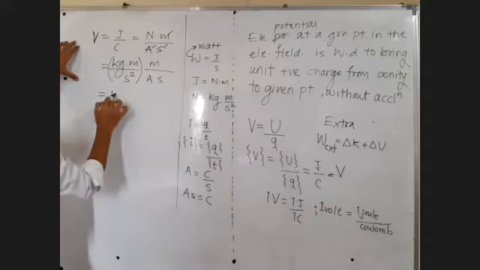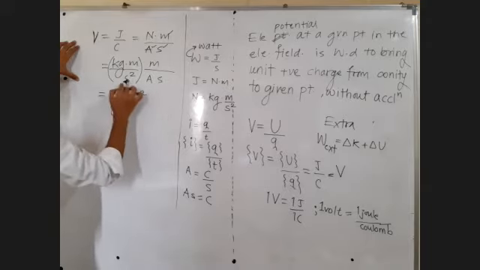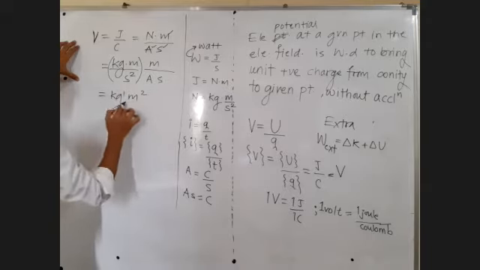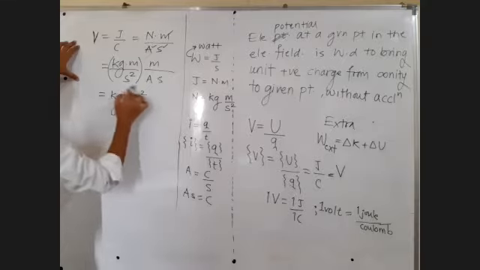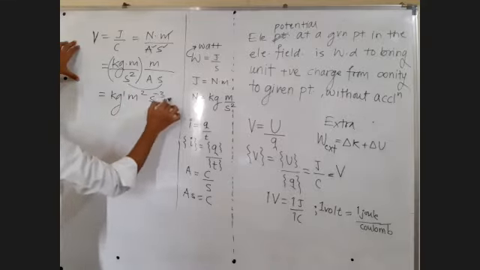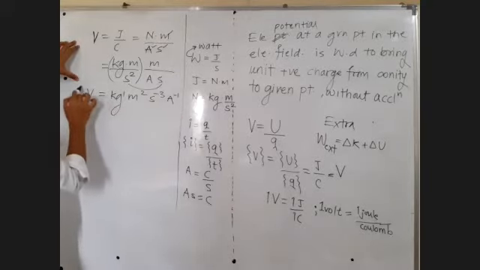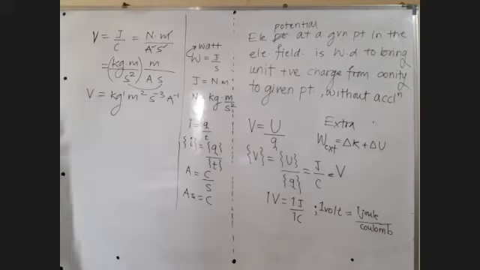Kg raised to 1, meter square, second cube in the denominator, so second raised to -3 in the numerator. Ampere in the denominator, so ampere raised to -1. So this is the volt.